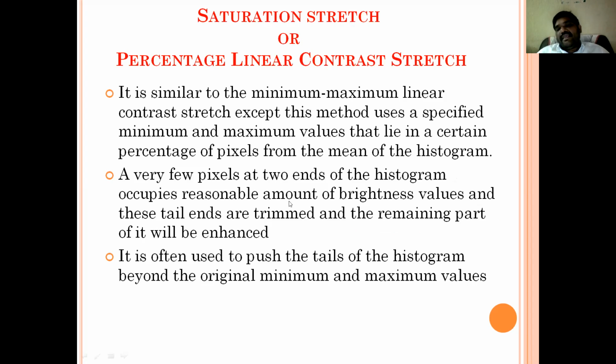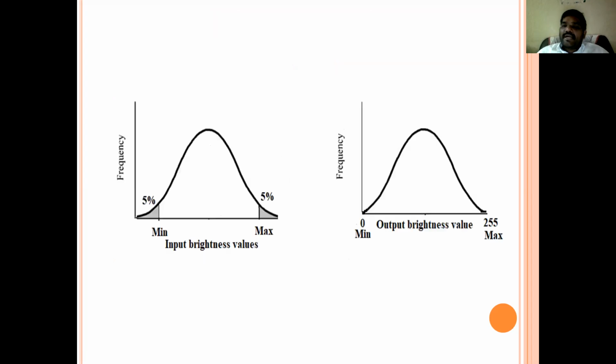See here, a very few pixels at the two ends of the histogram occupy a reasonable amount of brightness values, and these tail ends are trimmed, and the remaining part of it will be enhanced. If you are not trimming, where can I enhance, because the histogram here is 0 to 255, and here also 0 to 255.